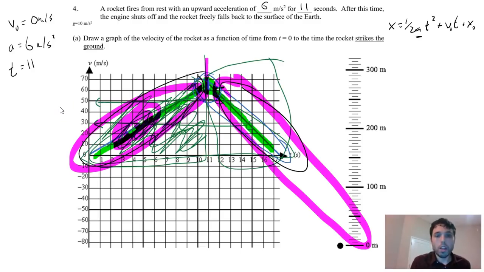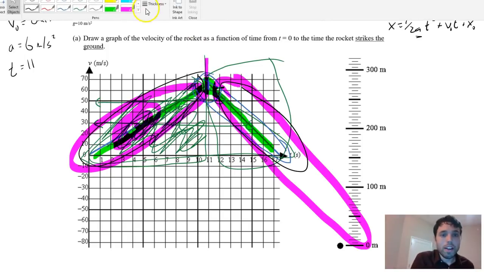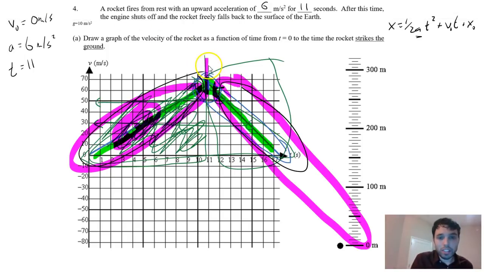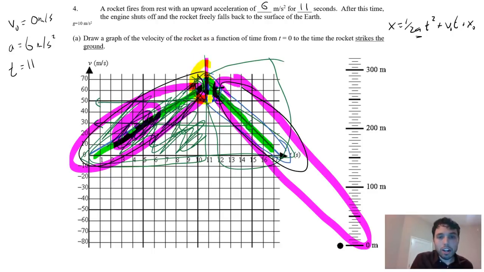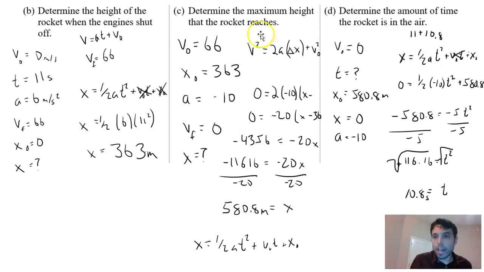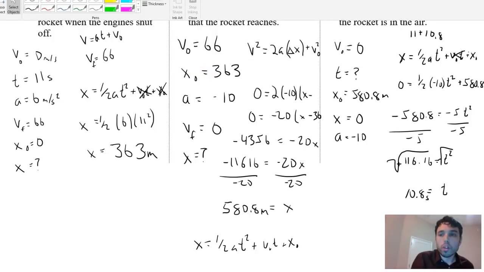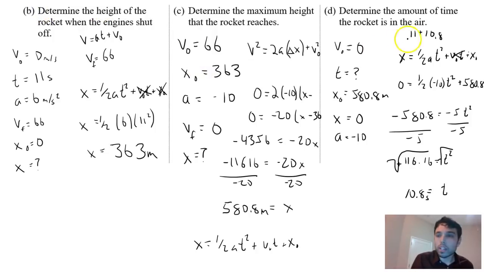Yeah, that's good. 11 seconds to here, right? And then 10.8 seconds all the way back down. Okay, so we're going to add those numbers up. So our total time then is going to be 21.8 seconds. We add these up. 21.8 seconds. And that's our answer.